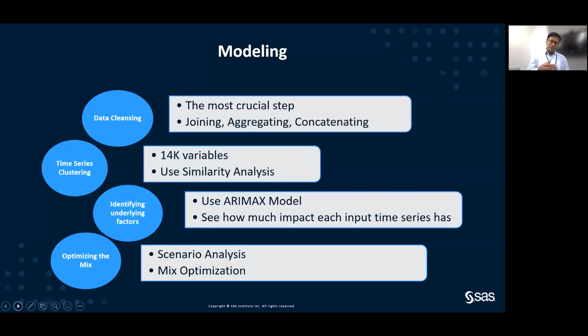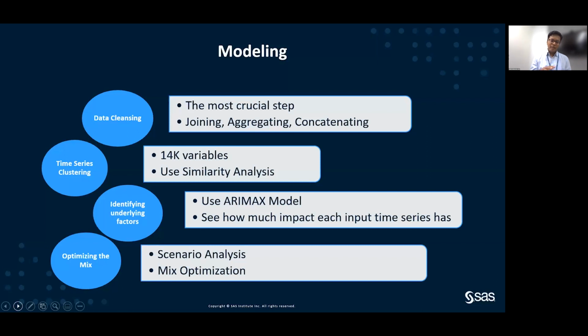After clustering the time series, our variables obviously got reduced, and now all we have to do is take one representative from each cluster and build some Remax model and see what causes the forest land to behave that way. In other words, what are the underlying factors influencing my target time series?